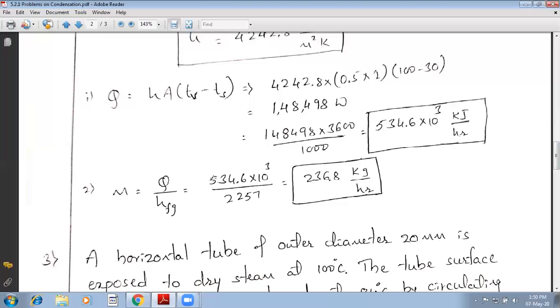You have Q as 534.6 into 10 to the power 3, in kilojoules per hour. If you divide it by hfg, which is in kilojoules per kg, you will have the condensate rate as 236.8 kg per hour.